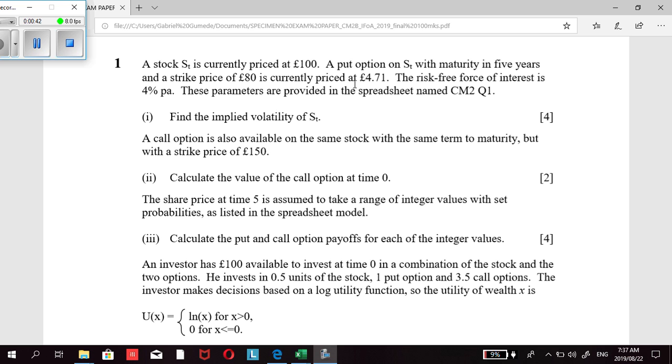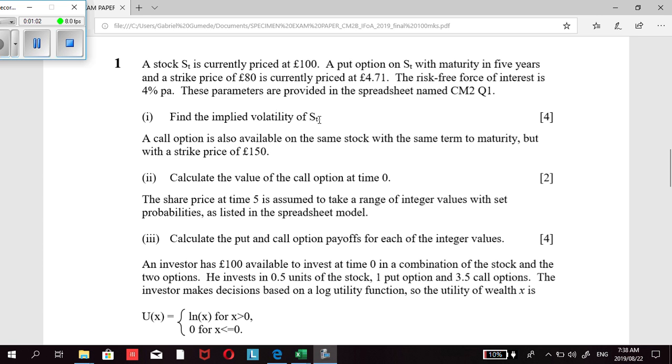Now they're saying these parameters are provided in the spreadsheet named CM2 question 1.